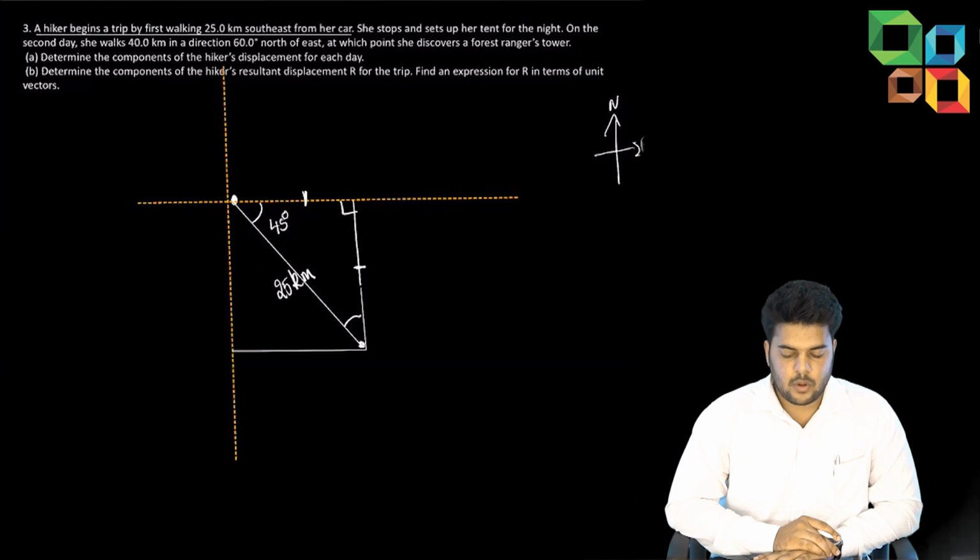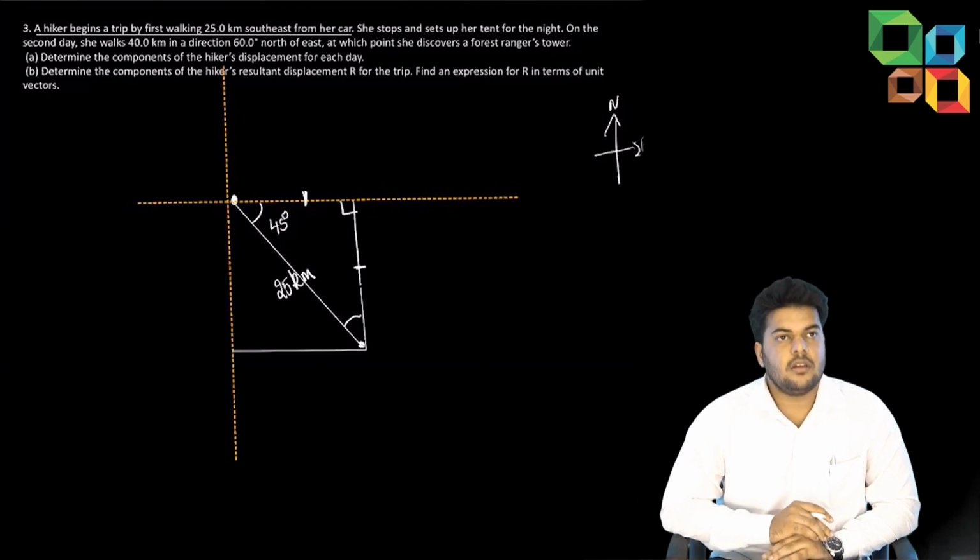Now, what can you say? We want to find the east distance and south distance. How do we do that? Can we use trigonometry a little bit? What does trigonometry say if you've got 45 degrees over there?